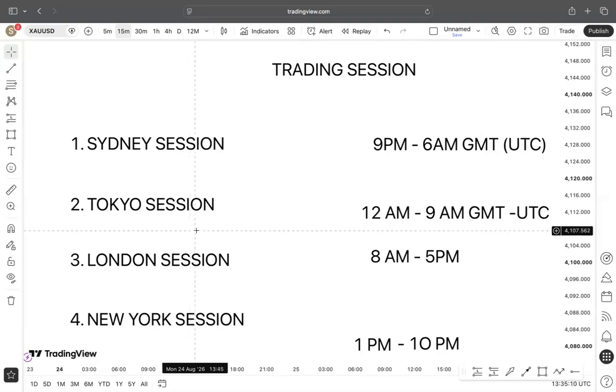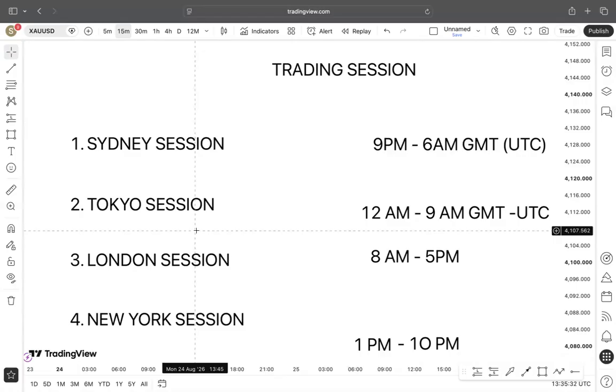Okay, and I gave examples of pairs that are active during the Sydney session. We have the NZD USD, AUD USD, AUD JPY, and then NZD JPY. So for this Sydney session, these are the pairs that are active. Pairs like the NZD and the AUD are mostly active during the Sydney session.